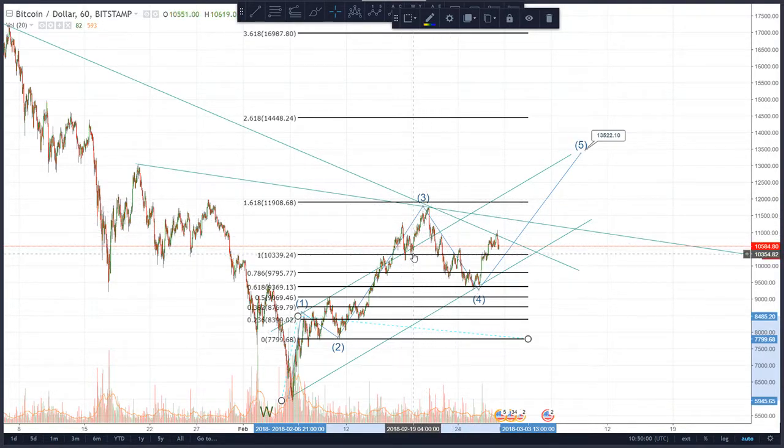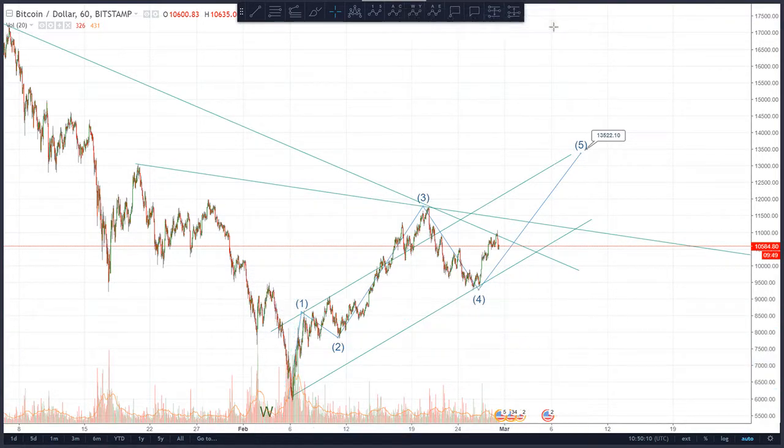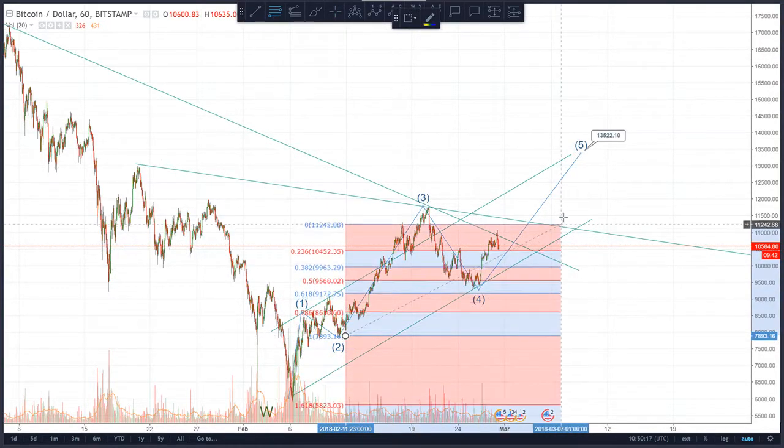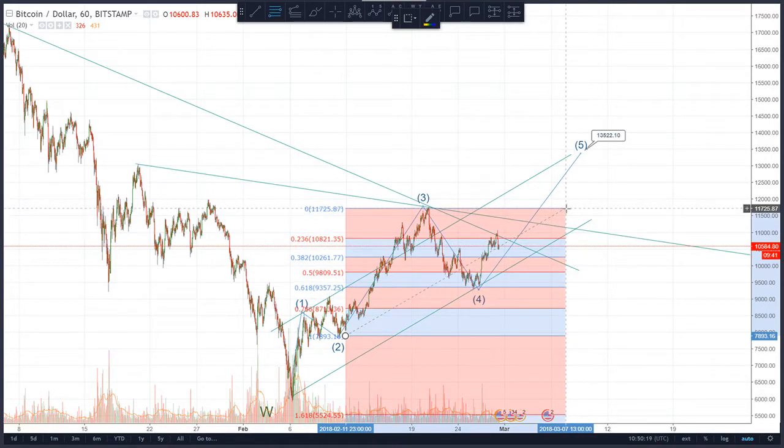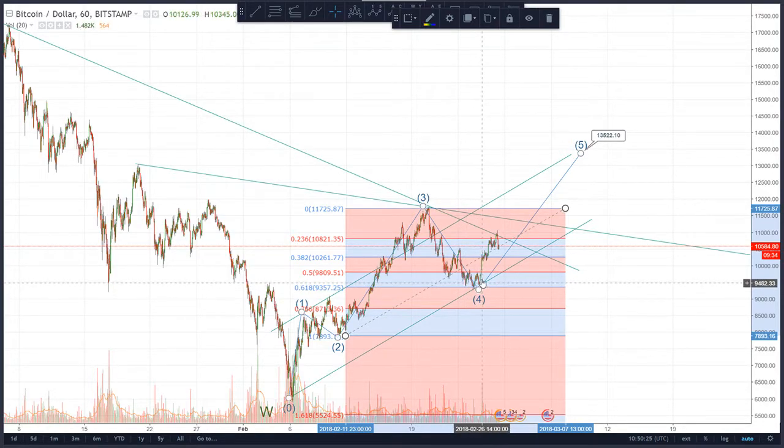I'm sure when I calculated this earlier, it was hitting pretty much bang on. But anyway, I got it to the 1.618 of wave 1. And then it's retraced quite a lot, this wave 3. In fact, I think that came 61.8% down. Absolutely bang on 61.8%. There was some divergence on the RSI when I looked at this.